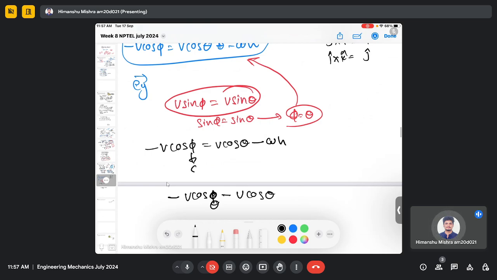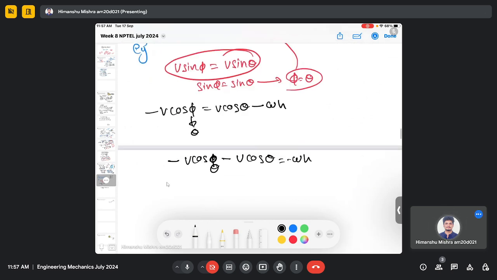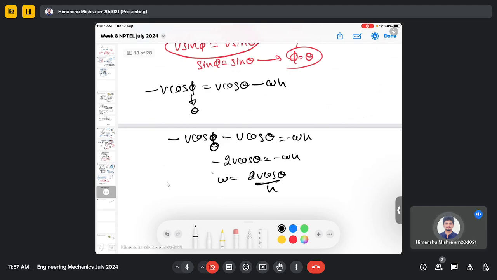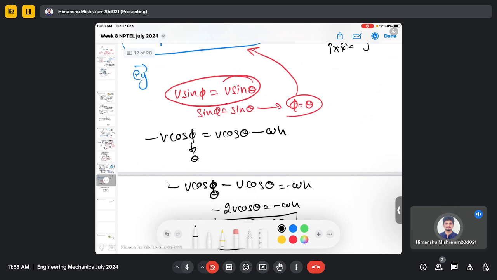So it is 2v cos theta equals minus omega h. So my omega will be 2v cos theta by h. Right, so we got the angular velocity of the body, which is 2v cos theta by h, in relation to angle phi, which equals theta.